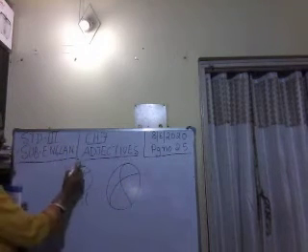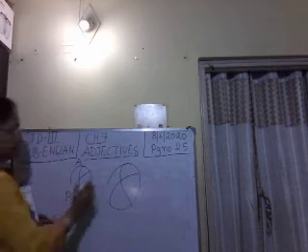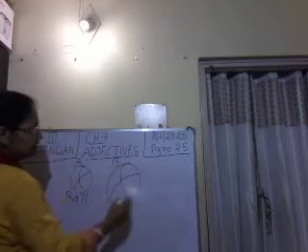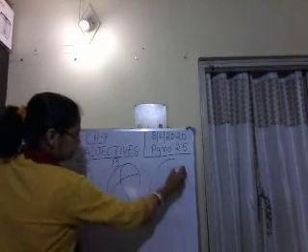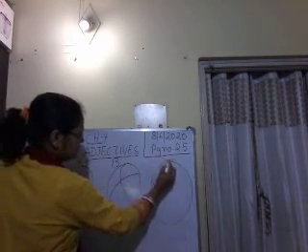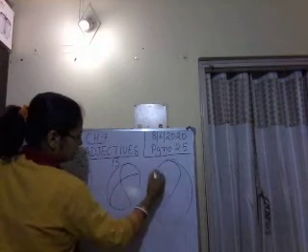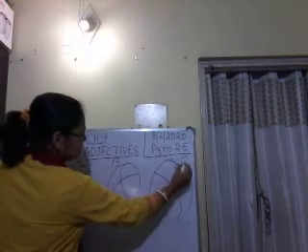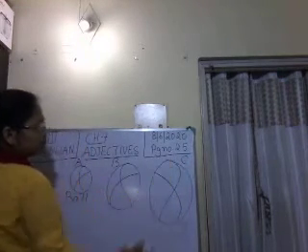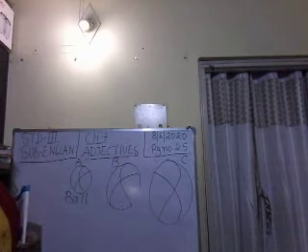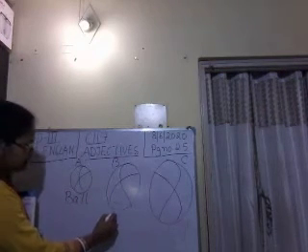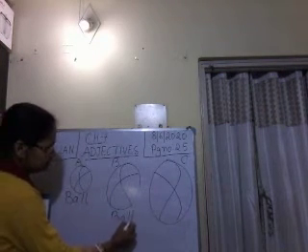This is ball A. This is ball B. This is ball C. Right? So we can see the picture of 3 balls.